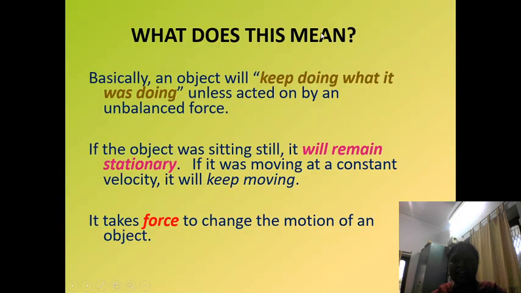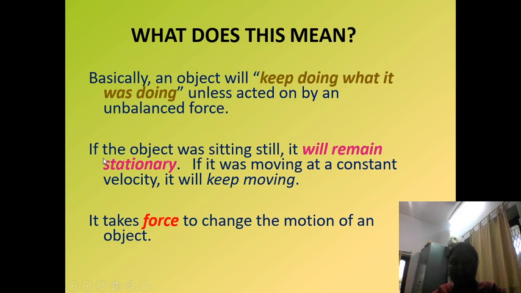So what does this mean? Basically, as I have already told, an object will keep doing what it was doing earlier unless acted on by an unbalanced force. That means if an object is moving, it will stay moving. If an object is at rest, it will stay at rest until and unless some unbalanced force acts on it.